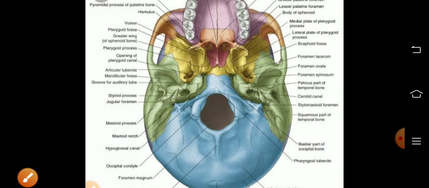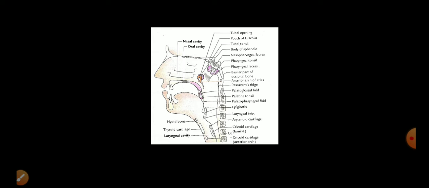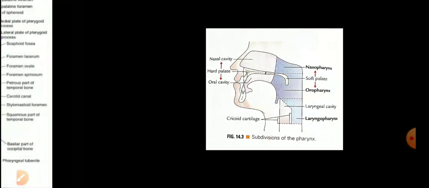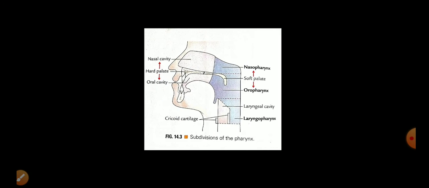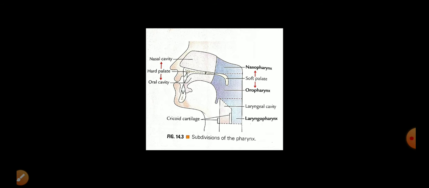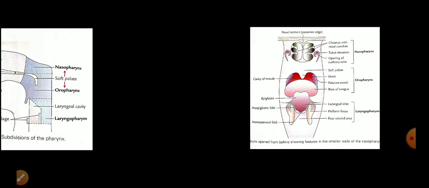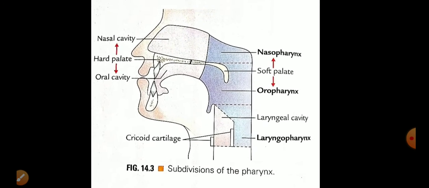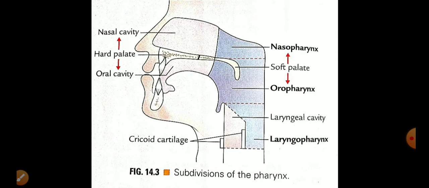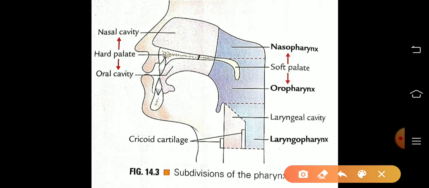Now when you see roof, next is floor. Floor is actually formed by the palate, that is the soft palate. Maybe in this picture you can see it clearly. This is the soft palate.